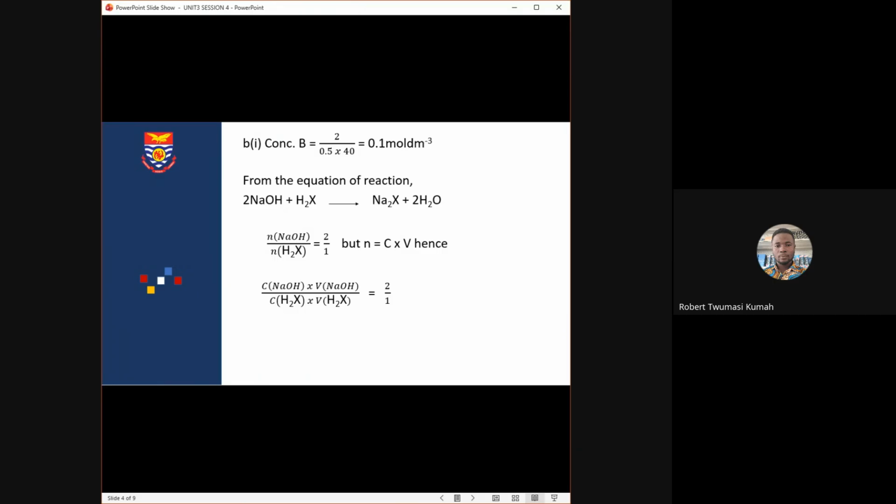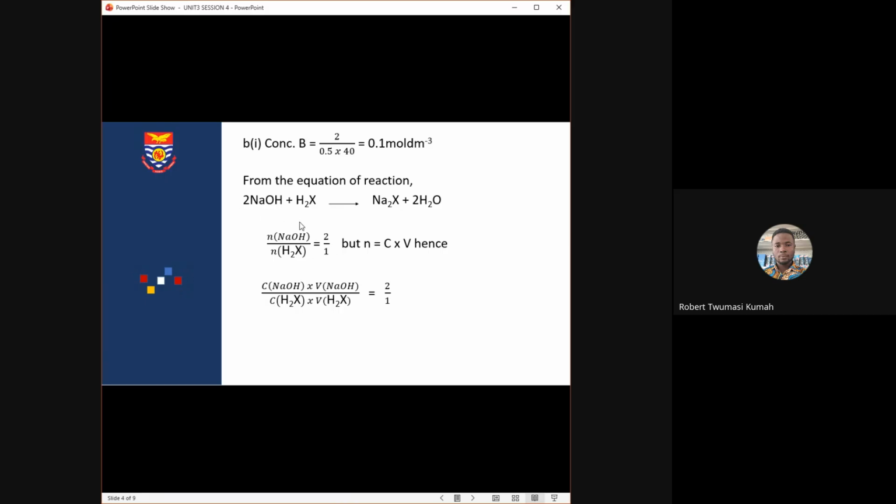Another way that we can do that, if we don't want to use the first principle, is by looking at the agreement straight away. If we are looking at the agreement, it is between this one and this, and the agreement is 2:1. So n of NaOH over n of the H2X is 2/1.